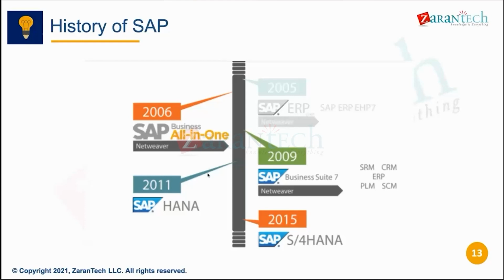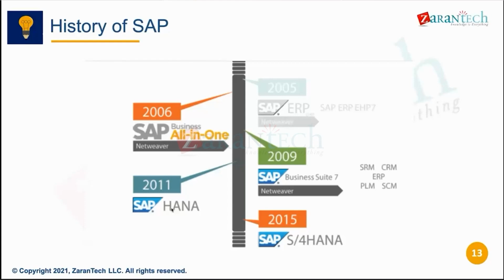Okay. So now, in 2011, to address the issue of database, they came up with HANA, and anybody knows what is the full form of HANA? High availability and something. So yeah, you call it high performance analytics. Okay, high performance.